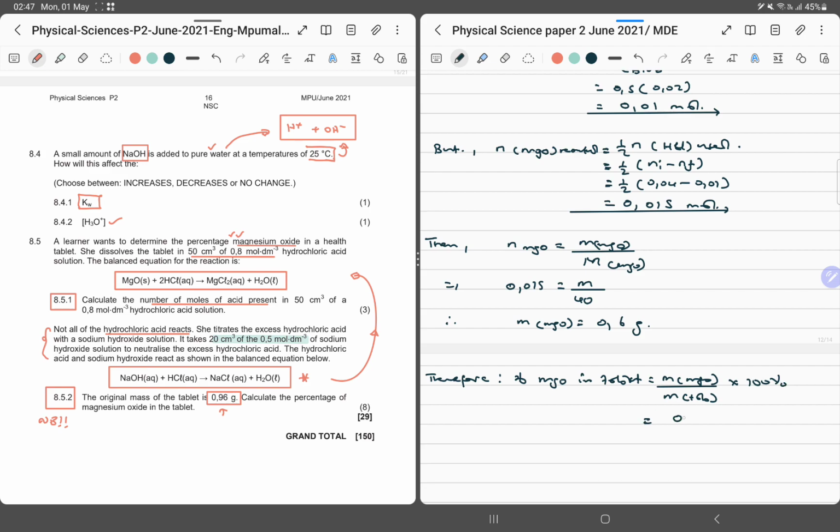So the mass of magnesium is 0.6 divided by, what was that mass? They said it is 0.96, times 100%. So always try to make some sort of formula for yourself.